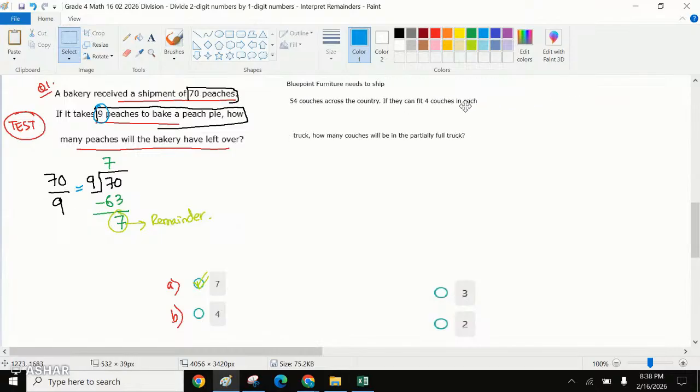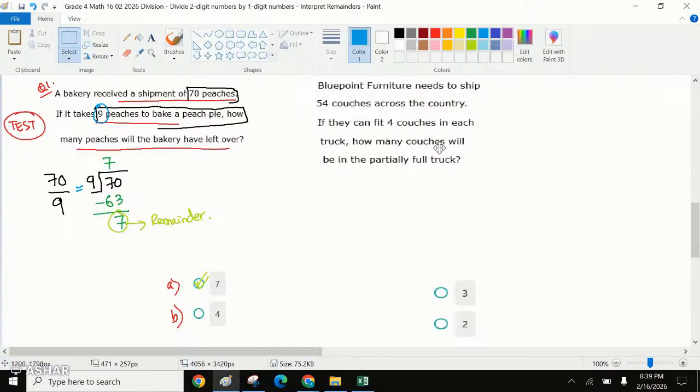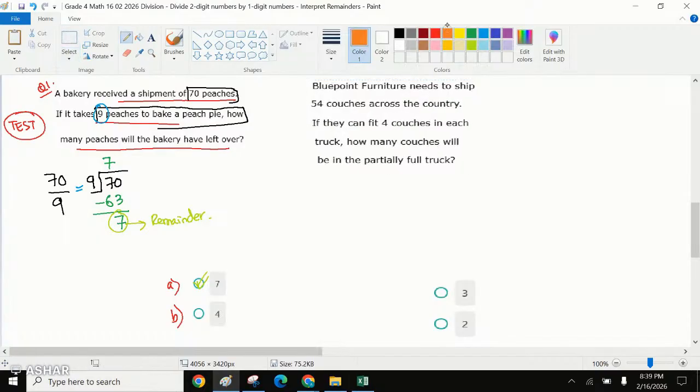We did a very similar question. If a company needs to ship 54 couches at 4 couches per truck, how many couches will be in the last truck? We did a very similar question to question number 2. Option A or option B? Can I have the answer?